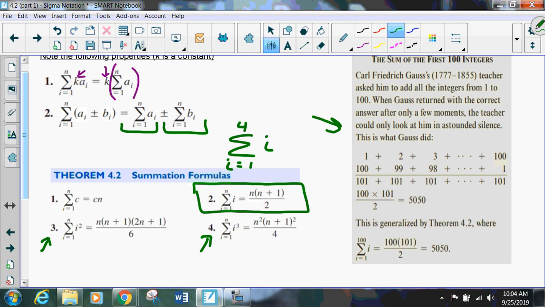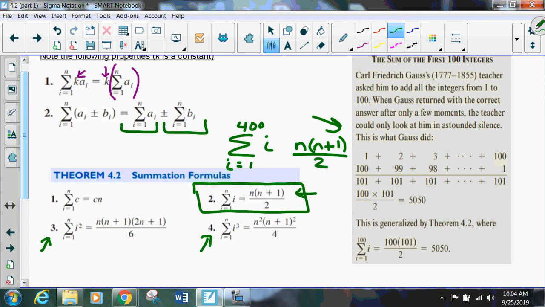That's a pretty fast thing I could do. But what if they said 40, or 400? That's going to take a lot of adding. And so the shortcut is that you're just going to take n times n plus 1 over 2. So in this case, if it's 400, we'd have 400 times 401 divided by 2. I know I said times 2, but I meant divided by 2. So this is a shortcut. We have to memorize this.